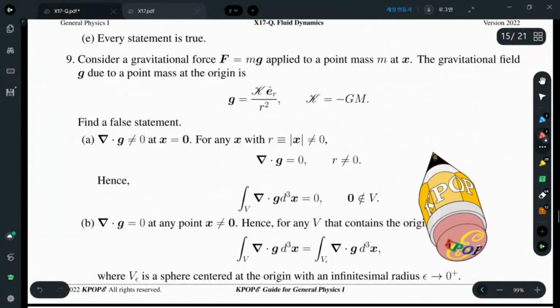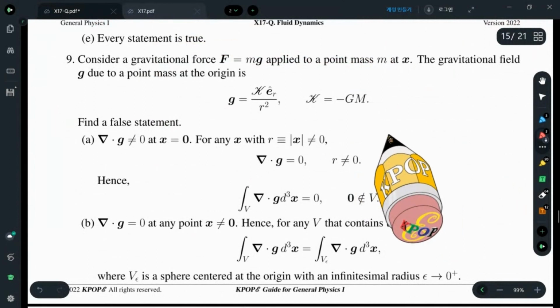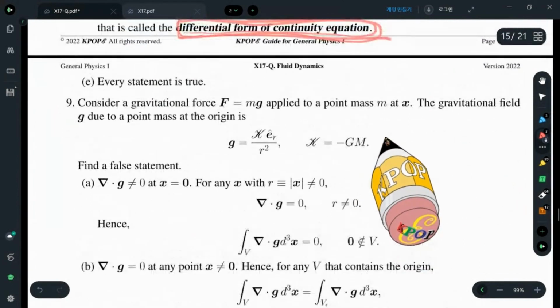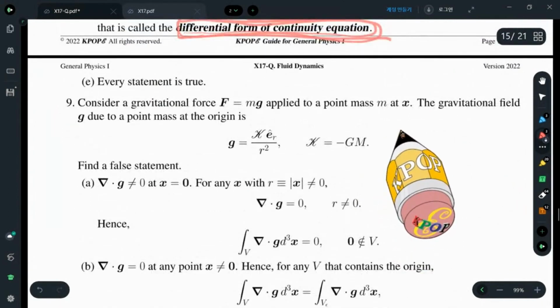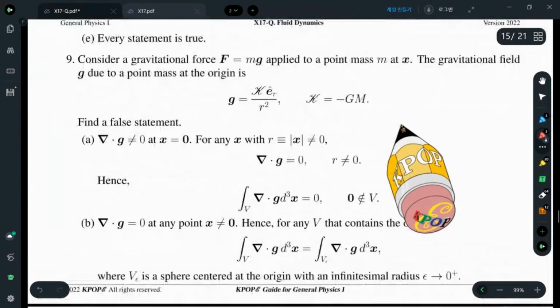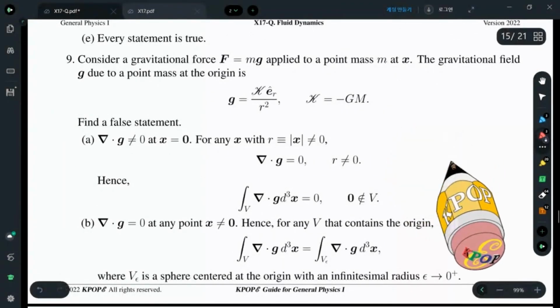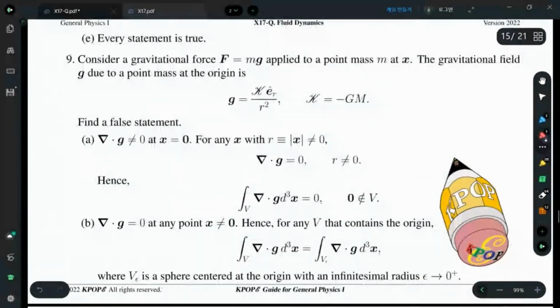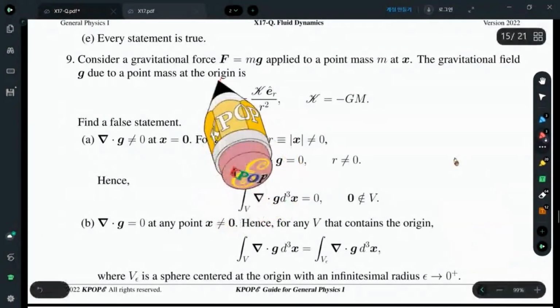And the divergence theorem is not only important in fluid dynamics, but also important to both the gravitational field and the electromagnetic field. Let's consider this problem. We have the inverse square law.